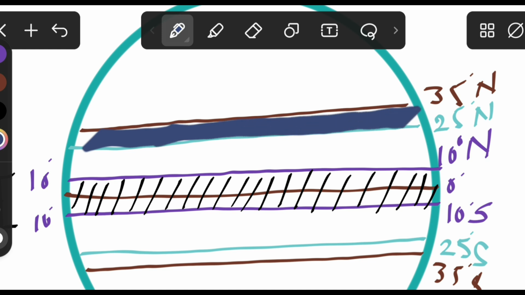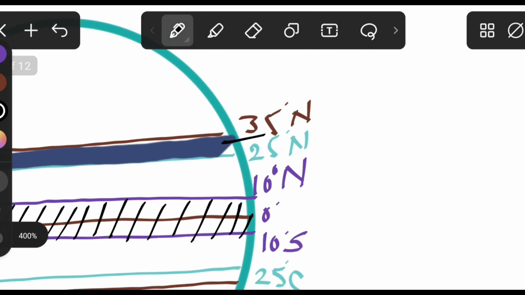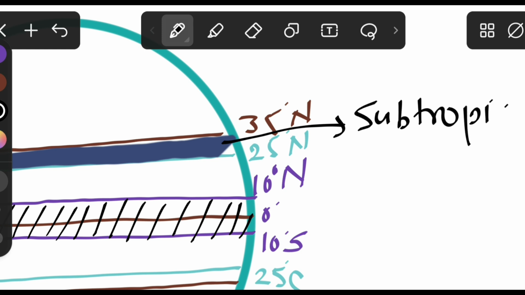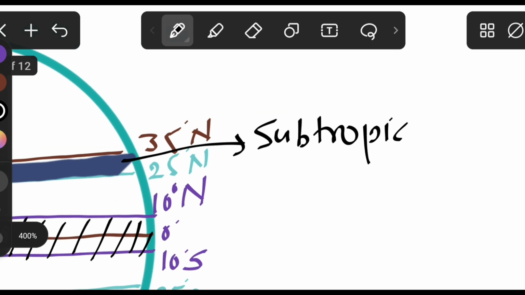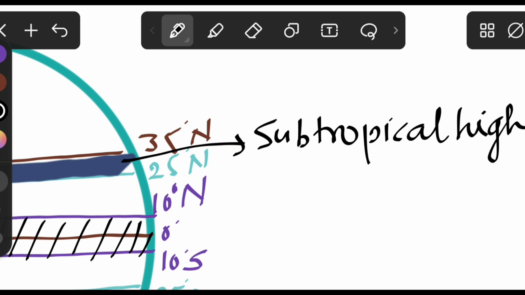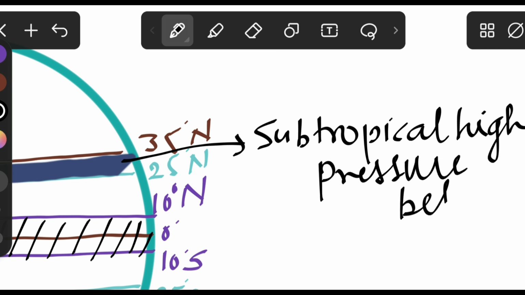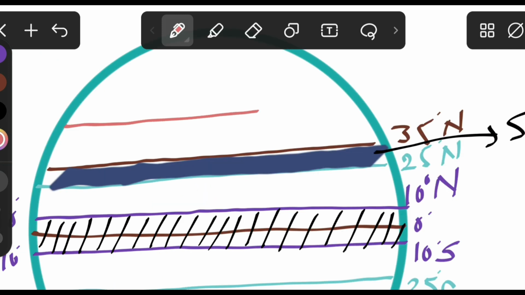These belts are also known as Horse latitudes. So if the question comes to you what is the Horse latitude or where the Horse latitude lies, you have to mark the answer 25 to 35 degrees in both hemispheres, right?